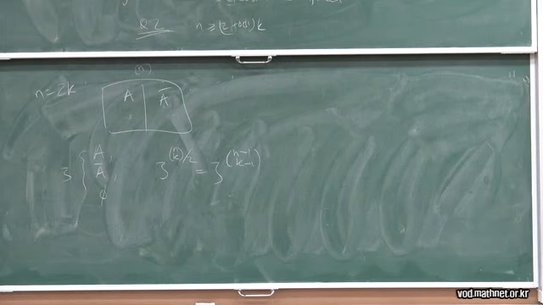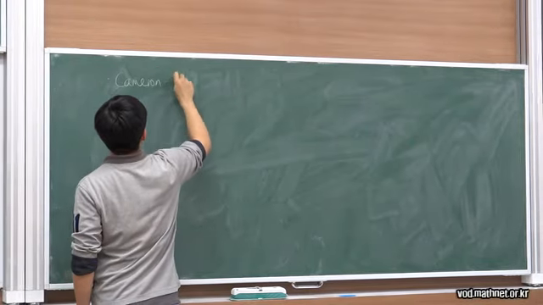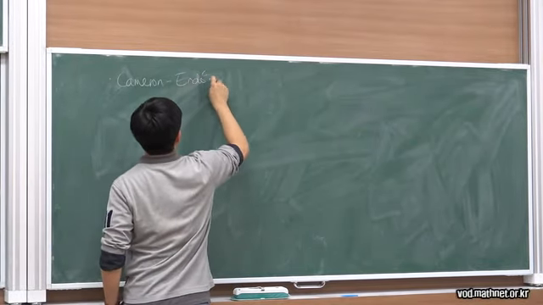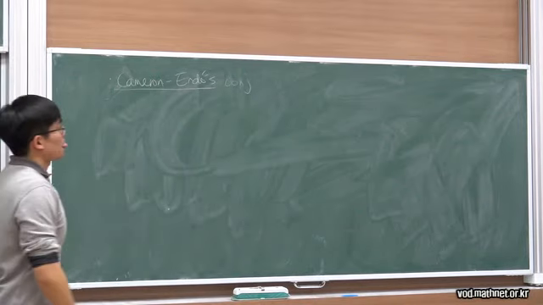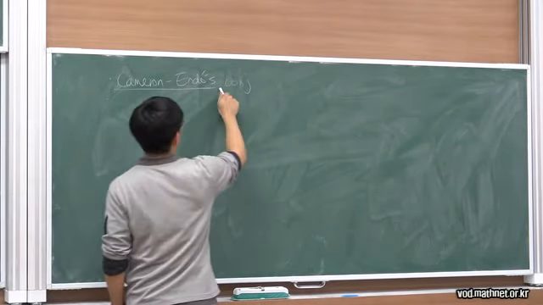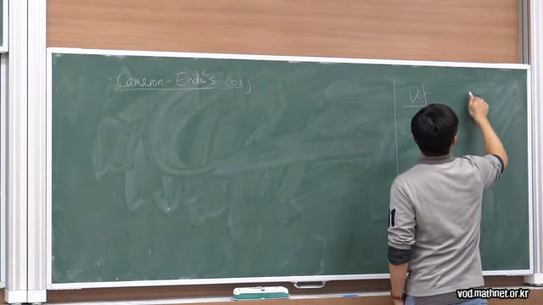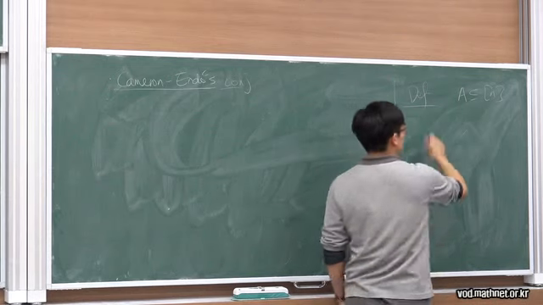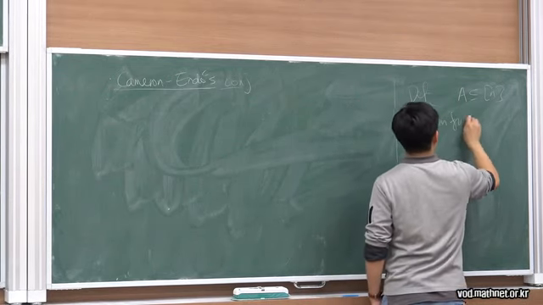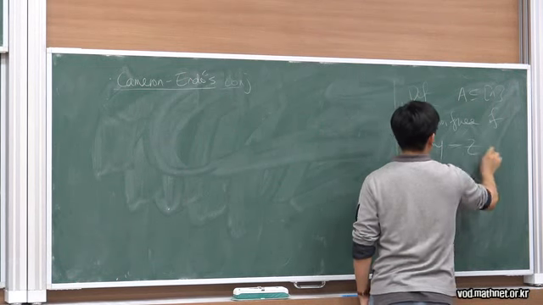So there are several such problems also in number theory. For example, Cameron and Erdős, they have a conjecture about sum free sets. So now if we consider a subset of the first n integers, it's called sum free if it does not have a solution to this equation.